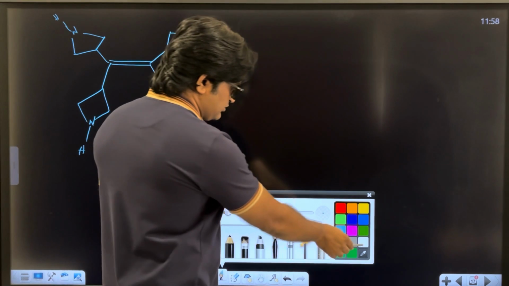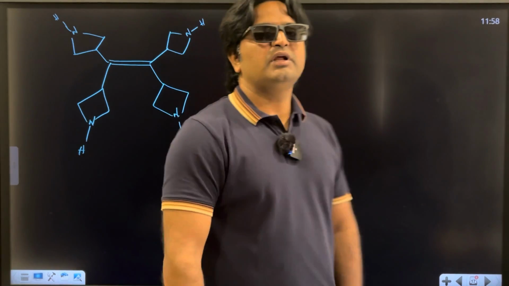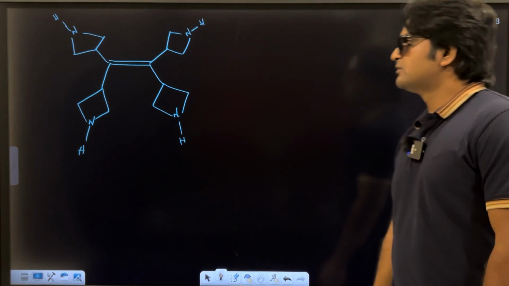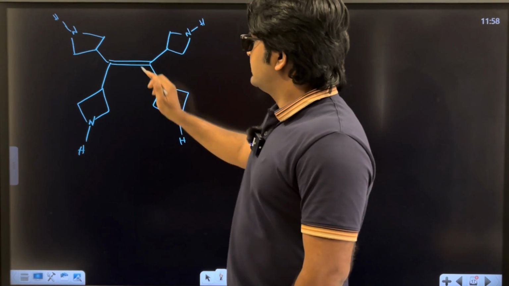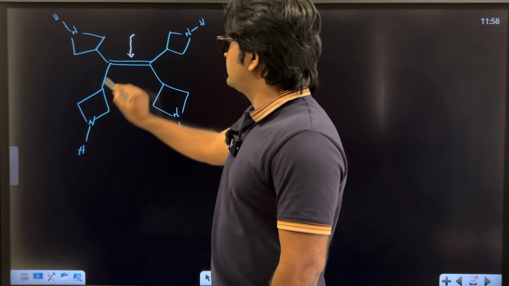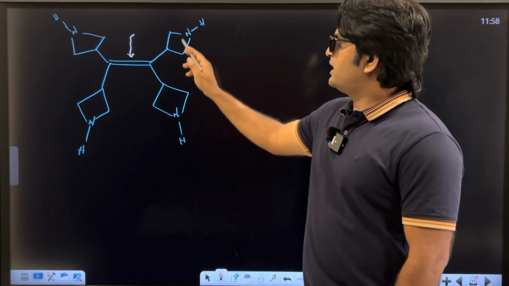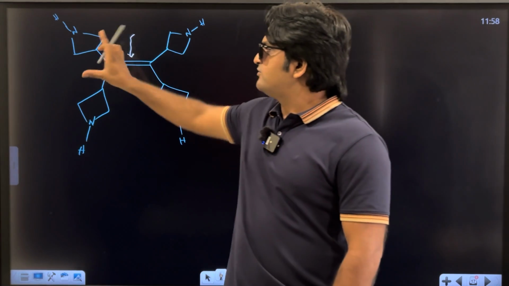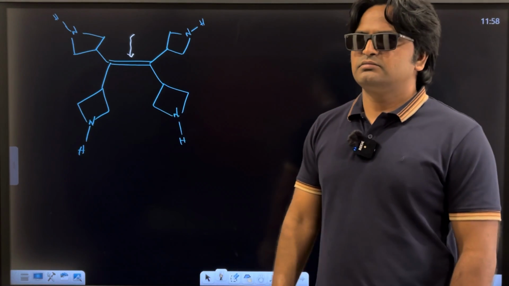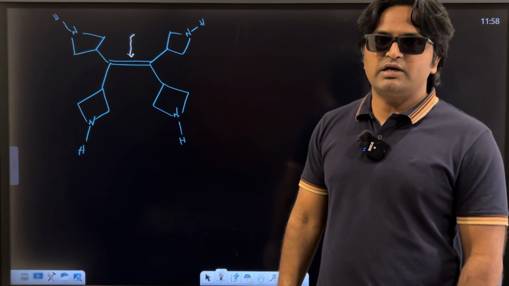Last question, just tell me this point. For example, these two look the same. If you are trying to explain the double bond, the right side groups look the same or different? They are the same. On the left side, these groups are the same. Is geometrical isomerism possible or not?